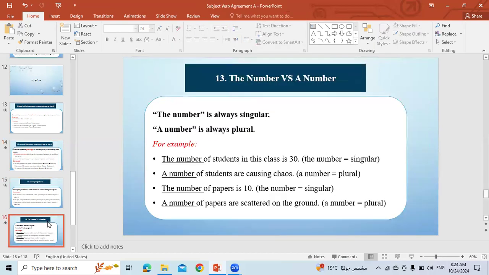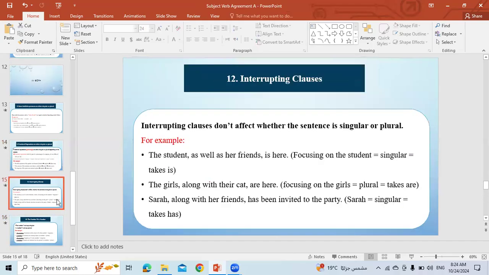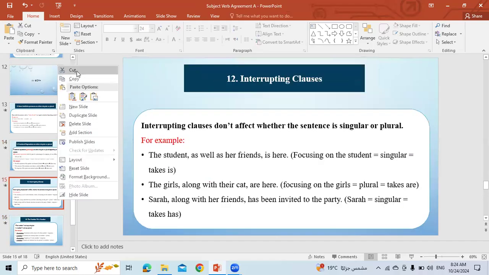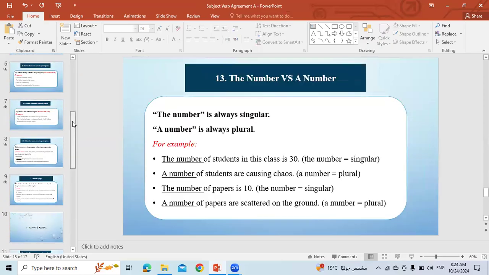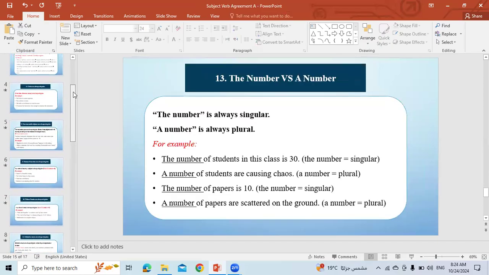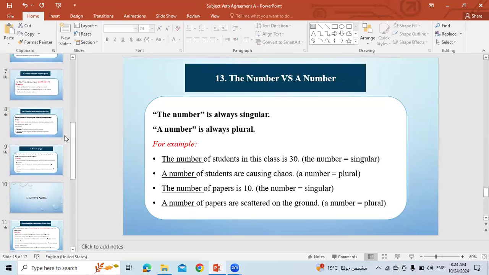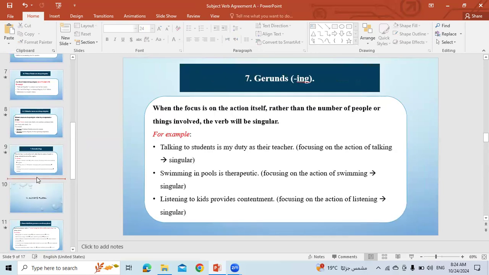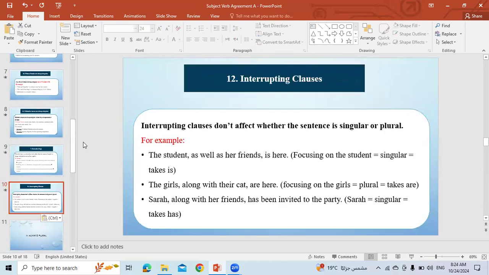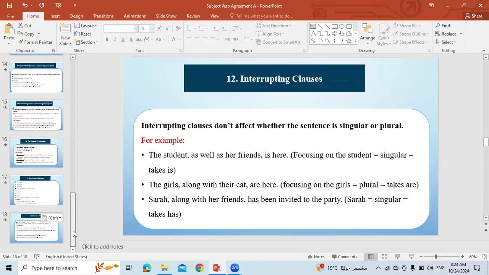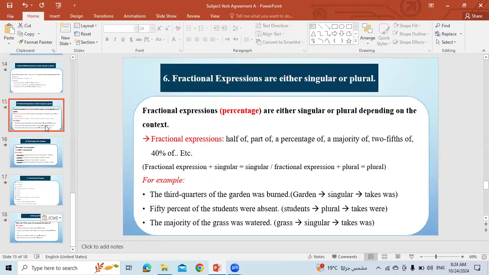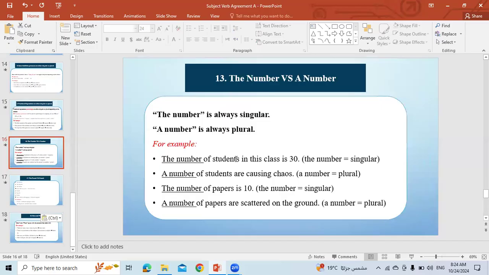Okay. Now we have something called the number versus a number. The number is always singular.